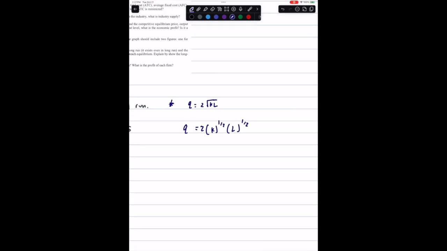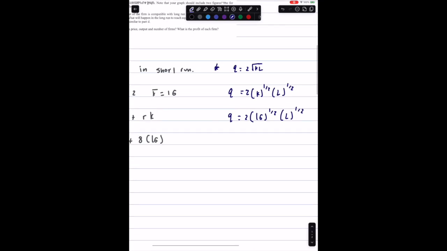We know that K is 16, so Q is equal to 2 times 16 to the power 1 over 2, L to the power 1 over 2. 16 to the power 1 over 2 is just the square root of 16, which is equal to 4. So Q is equal to 2 times 4 times L to the power 1 over 2. Okay, continuing, Q is equal to 8 times L to the power 1 over 2.